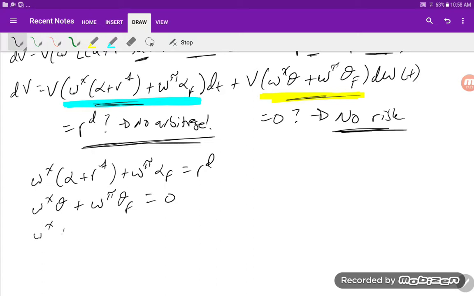What is it? Well, the weights should sum up to 1. So here's our system of equations. This first one is going to lead to the PDE, so we'll do these two first.